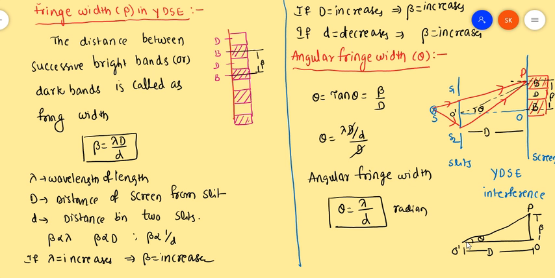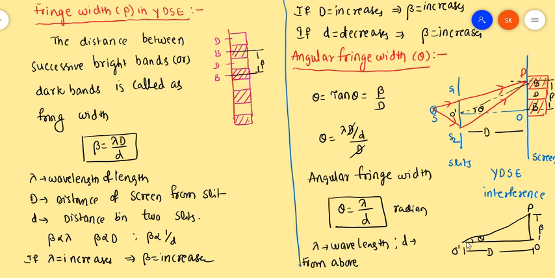Here lambda is the wavelength, and small d, we already know, is the distance between the two slits. Now from the above equation, we write one sentence: fringe width depends upon the distance of the screen also.